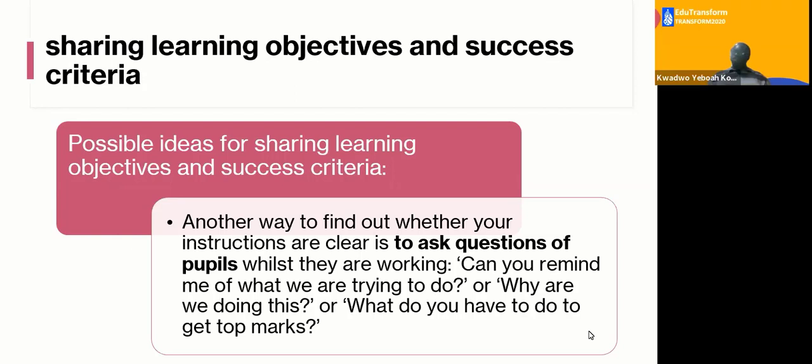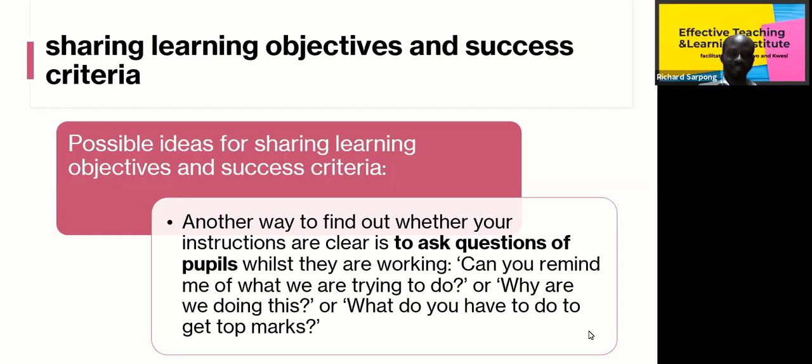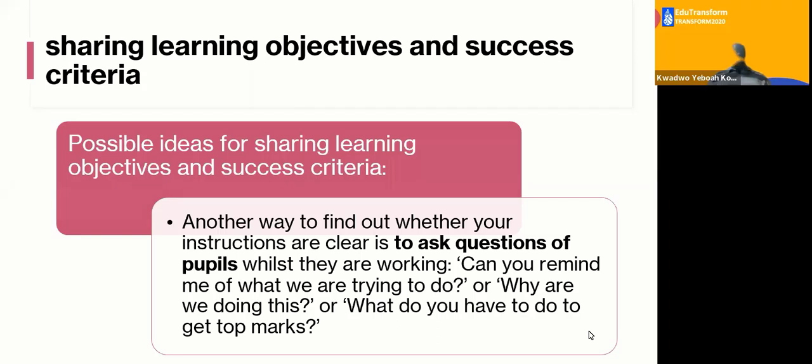Remind me what you are trying to do. Why are we doing this? The relevance. And what do you have to do to get top marks? So that now the students have the success criteria as a reference point to go through to see whether they are really on track, and self-assess whatever they are doing.